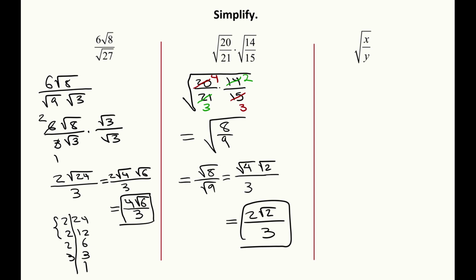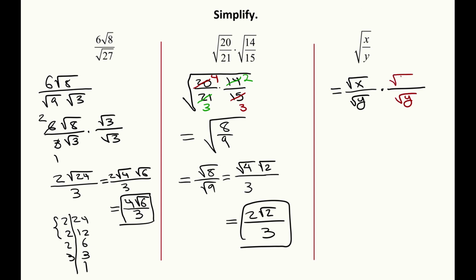All right, for the next one, of course, we'll go ahead and break it up before we rationalize the denominator. And just because there's a variable doesn't change the nature of the problem. We're still going to rationalize. And notice what we need to rationalize the square root of y is the square root of y again.